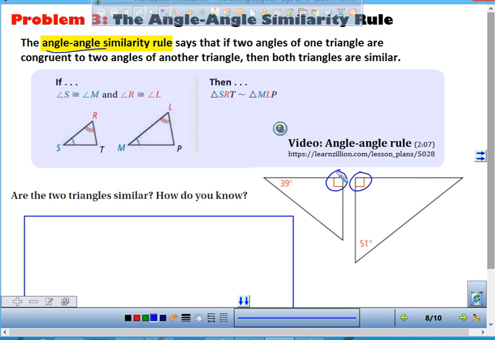No. So now I have to find this one and see if those are the same as any of my other ones. How might I do that? You could do 90 plus 51. We get 141. 180 minus 141. We get 39.